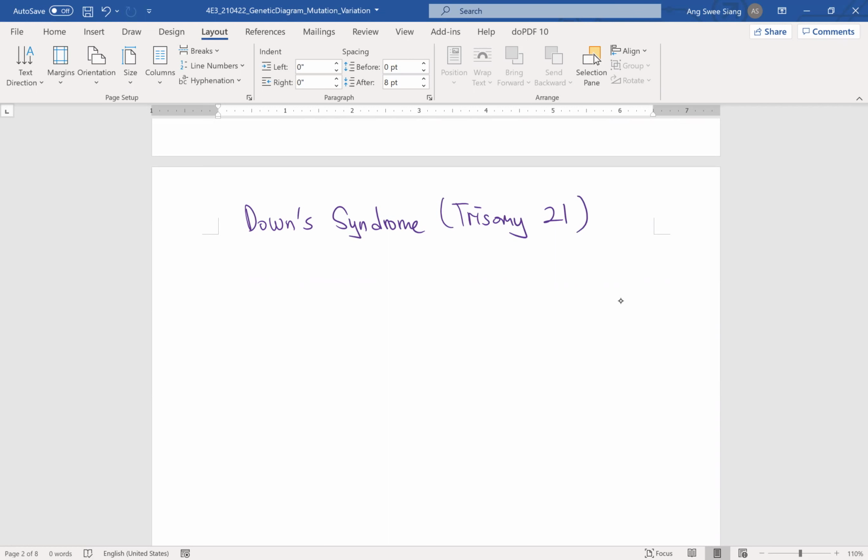Tri means three, and somy refers to the chromosome. So there are three copies of chromosome 21. This is the number of the chromosome.